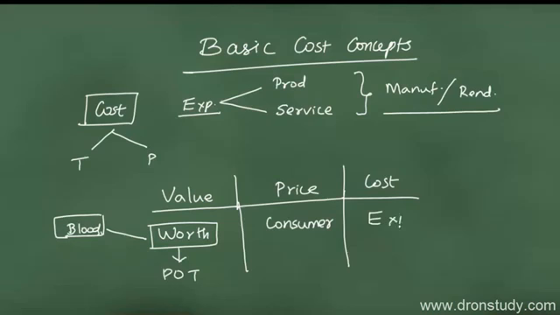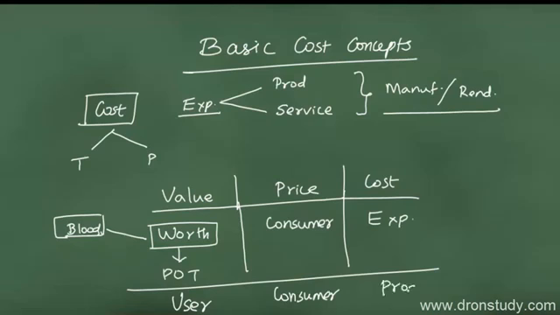Cost is basically an expenditure incurred in producing a product or rendering a service. So here all three have different points of view. Value is always from the user point of view, whereas price is from the consumer point of view, and cost is always from the point of view of the person who produces or renders the service.